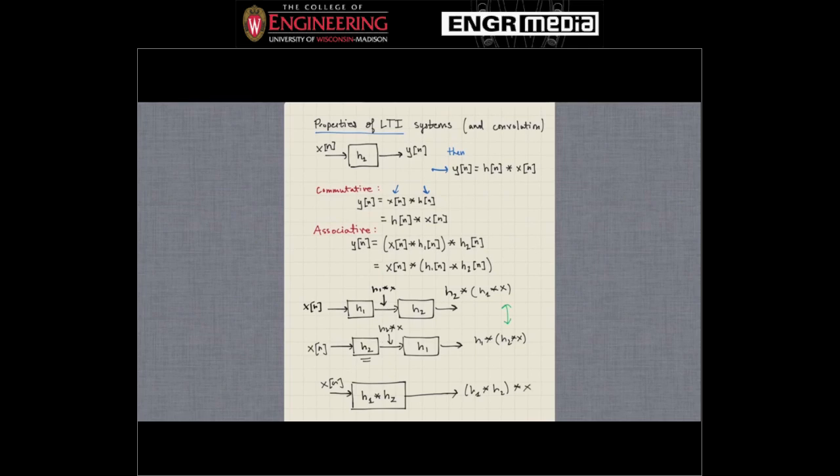So really we can combine filters, we can take them apart, provided the total effect of their impulse responses is the same, meaning that when we convolve all the impulse responses together, they end up giving the same overall impulse response. Okay, we'll stop there.